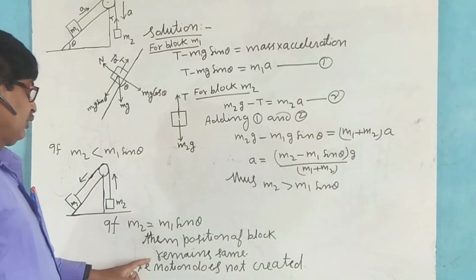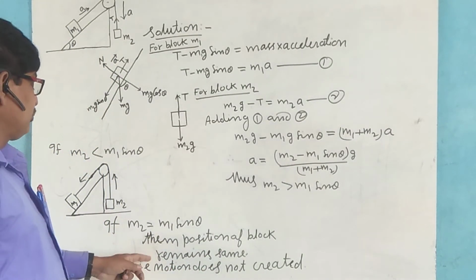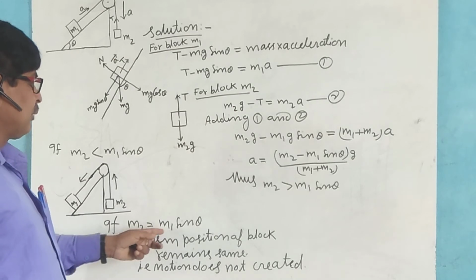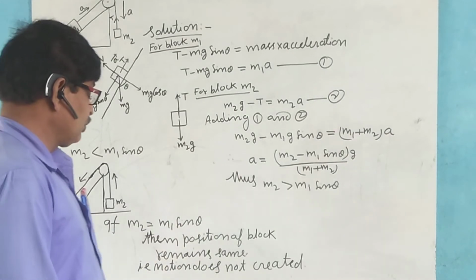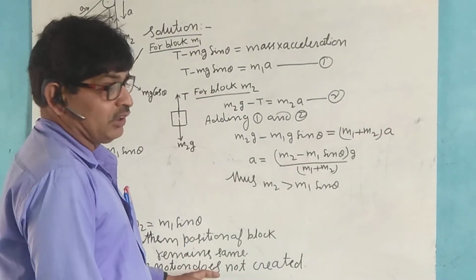It means that if M2 equals M1 sin theta, motion does not create.